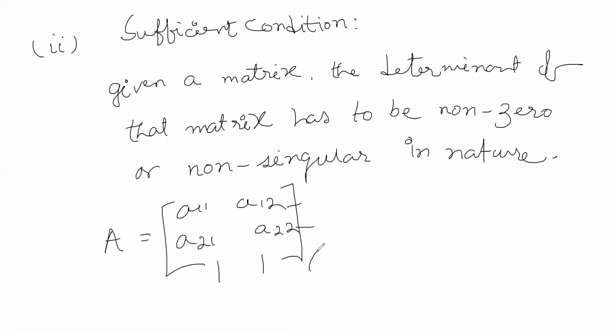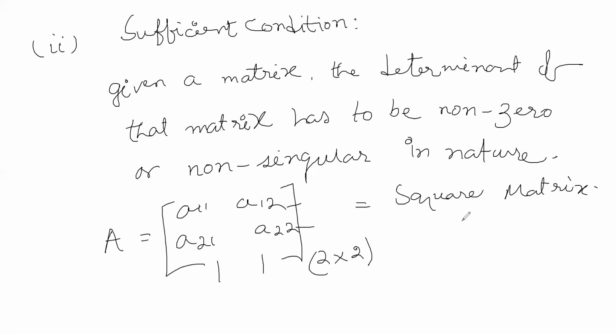So here it's a 2 by 2 matrix, as there are two rows and two columns, and as the number of rows and number of columns are equal to each other, we can consider it a square matrix, because that is the condition for a matrix to be a square matrix.